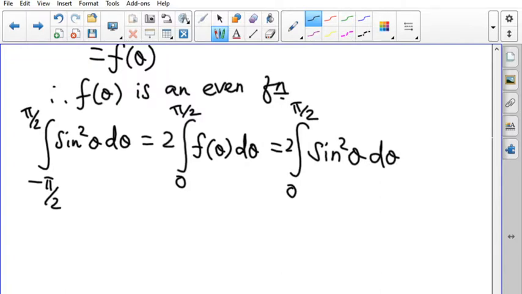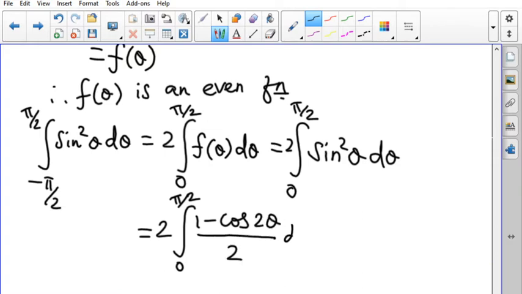But you don't know how to integrate sin square theta. So let us use the formula. Whenever a square comes, integration is difficult, so to convert the square into a simple value we can write sin square theta as 1 minus cos 2 theta divided by 2.